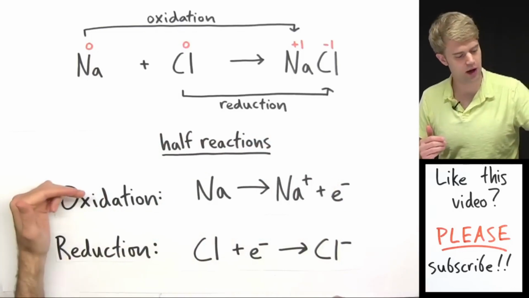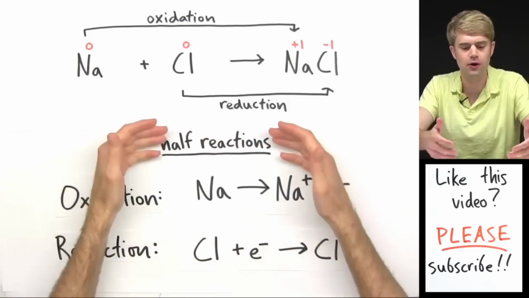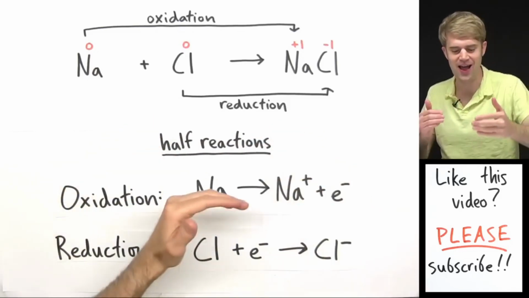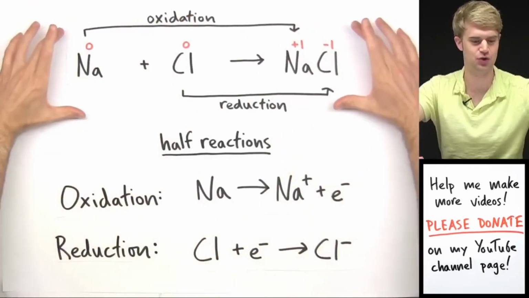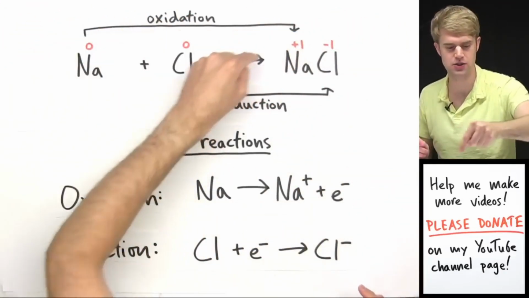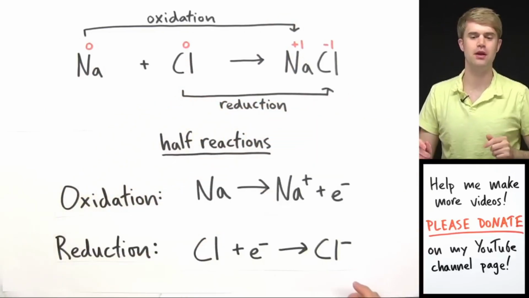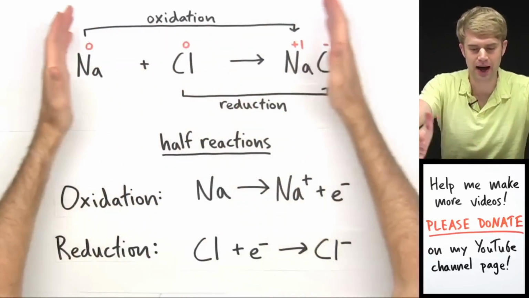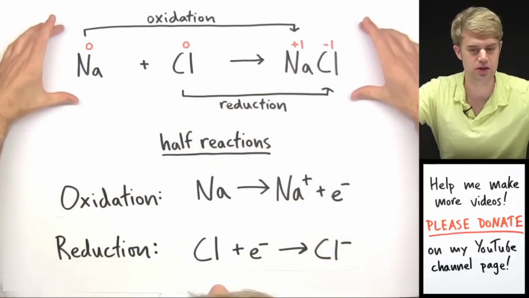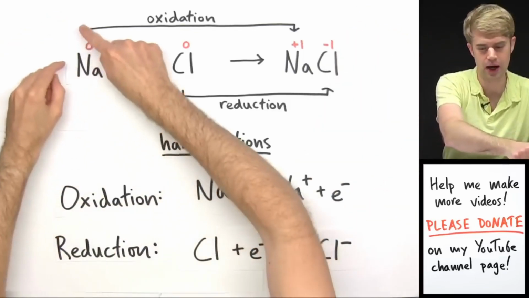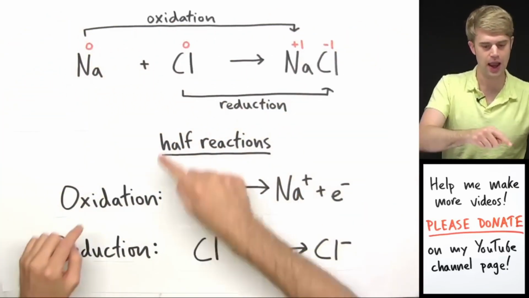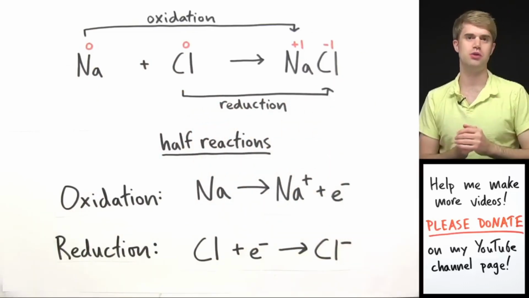They show either oxidation or reduction, and they're called half reactions because they each kind of tell half the story. You put them together and you get the big picture reaction that shows both oxidation and reduction. So for every oxidation reduction reaction like this one, you can write two half reactions, one for the oxidation that takes place and one for the reduction that takes place.